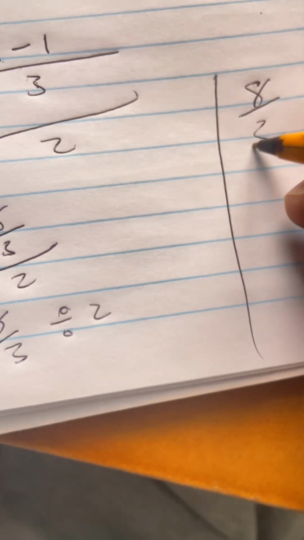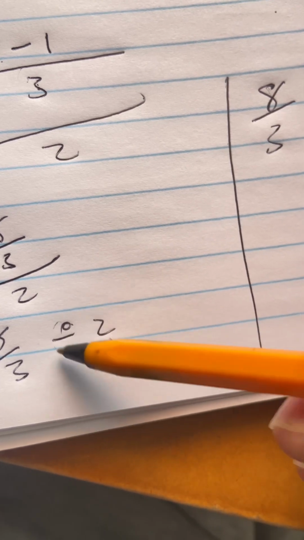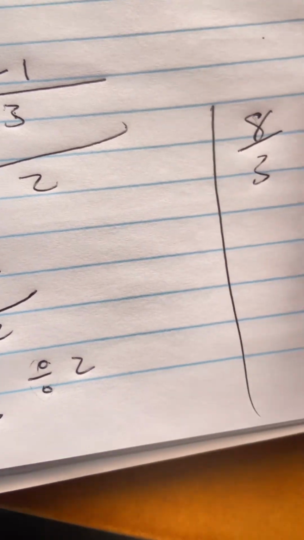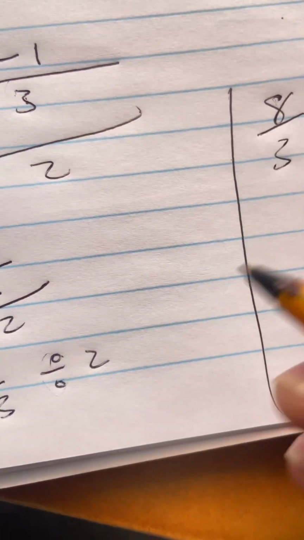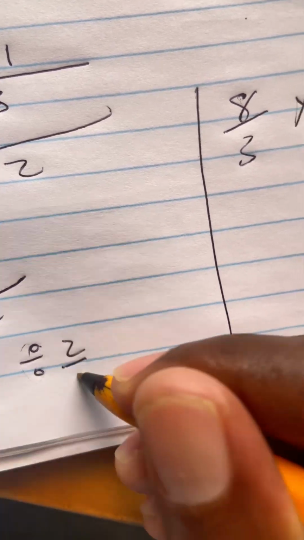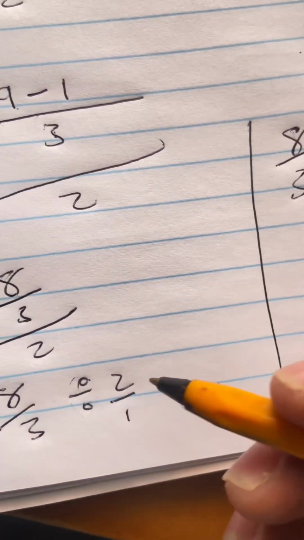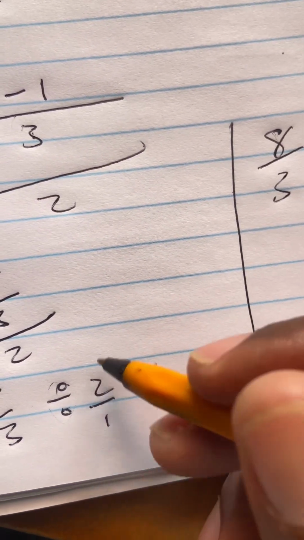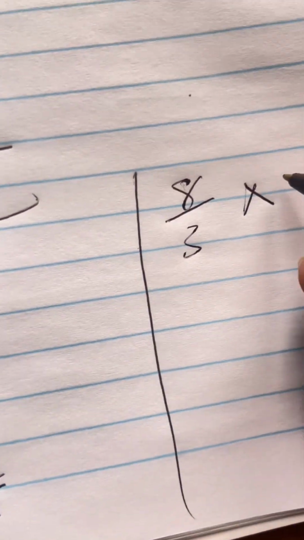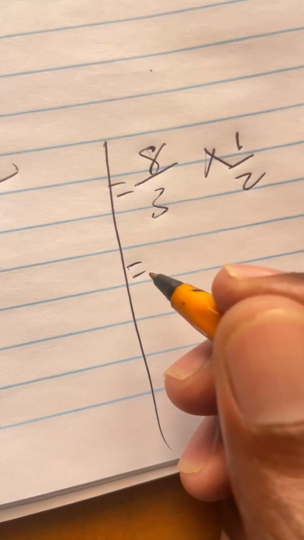It's going to be 8 over 3. Now we are going to change this sign to be times, or multiply, and remember here it's over 1. When you change the sign, this one will be upside down, so it's going to be 1 over 2.